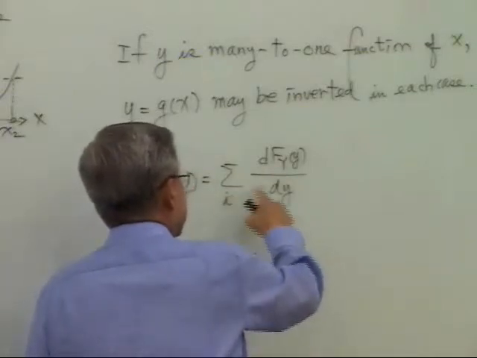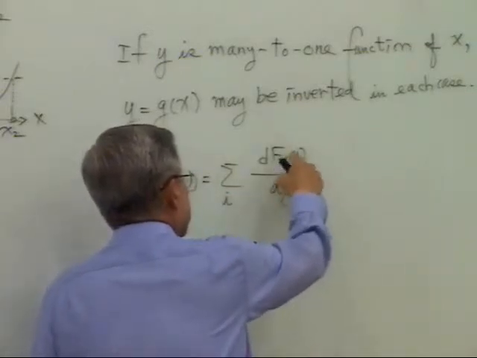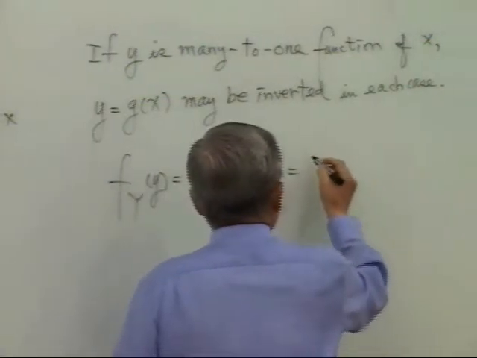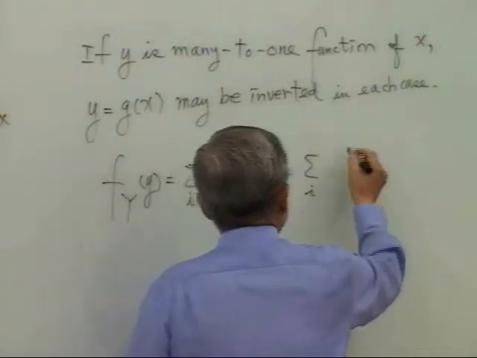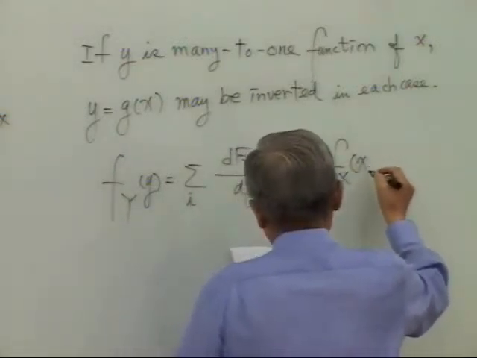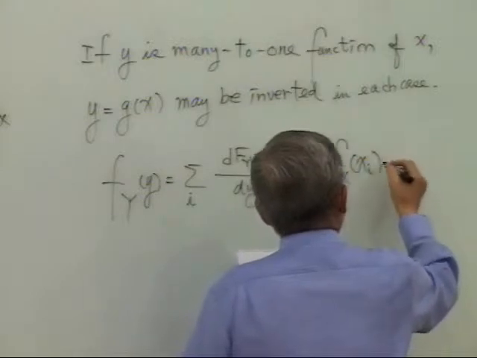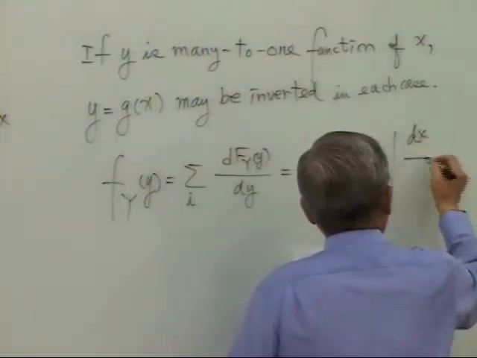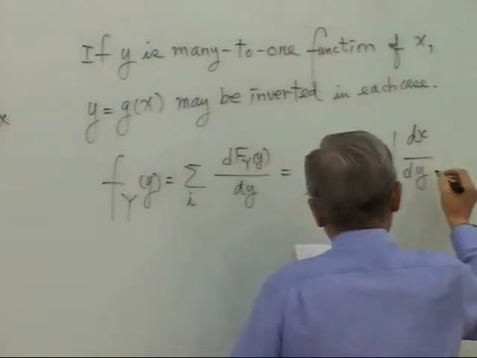The implication of terms is within the capital F_Y. Then we learned this, f_X(x) is dx over dy.